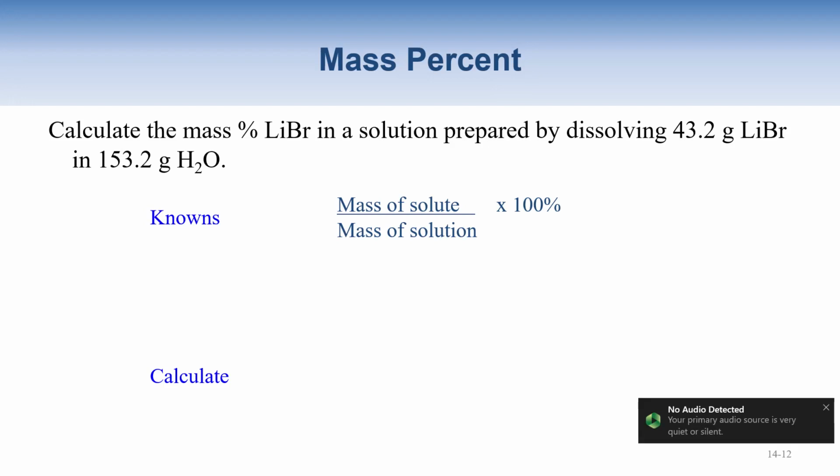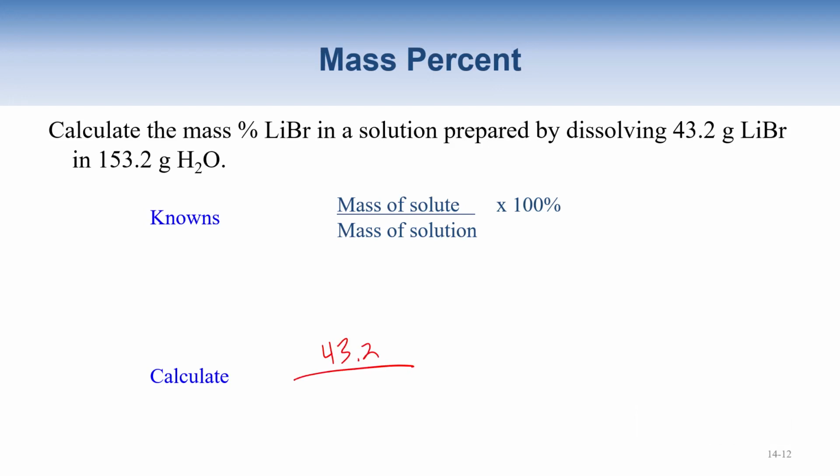Okay, so mass of solute is 43.2 grams, and the mass of the solution is the 43.2 plus 153.2. So the mass of the whole solution, 43.2 plus 153.2, is 196.4. So that's what goes on the bottom here.